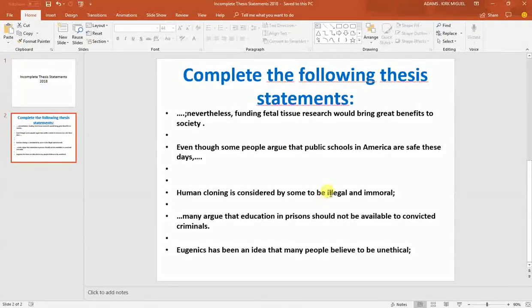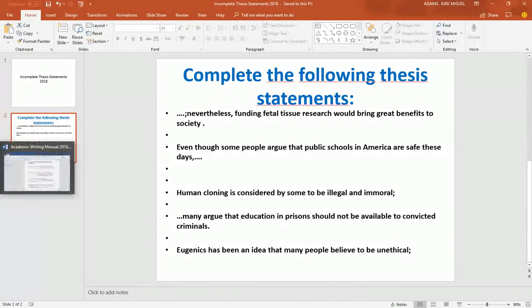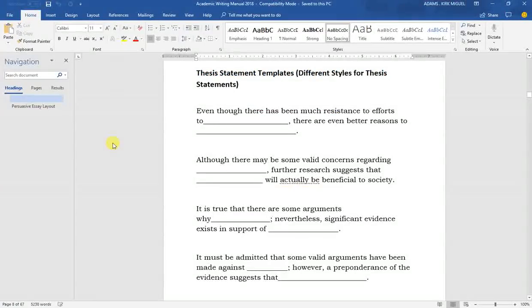on page 8. On page 8 of the manual, you see this. Thesis statement templates.